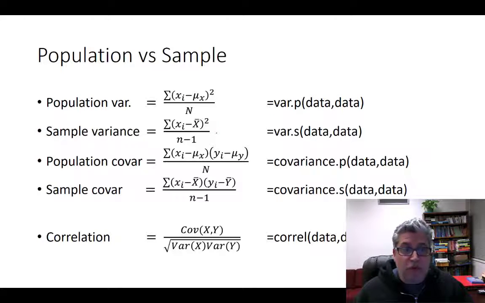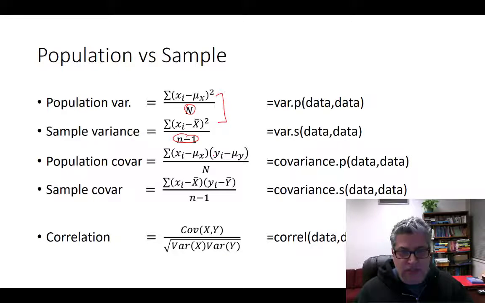Now, when we're talking about variance and covariance, the formulas are a little different. For population versus sample variance, you're looking at the difference between each observation and the mean, and then squaring that. And so that's common between both of these. The difference is that in the population, you're dividing through by capital N, the total number of items in the population, whereas in a sample, it's n minus 1.